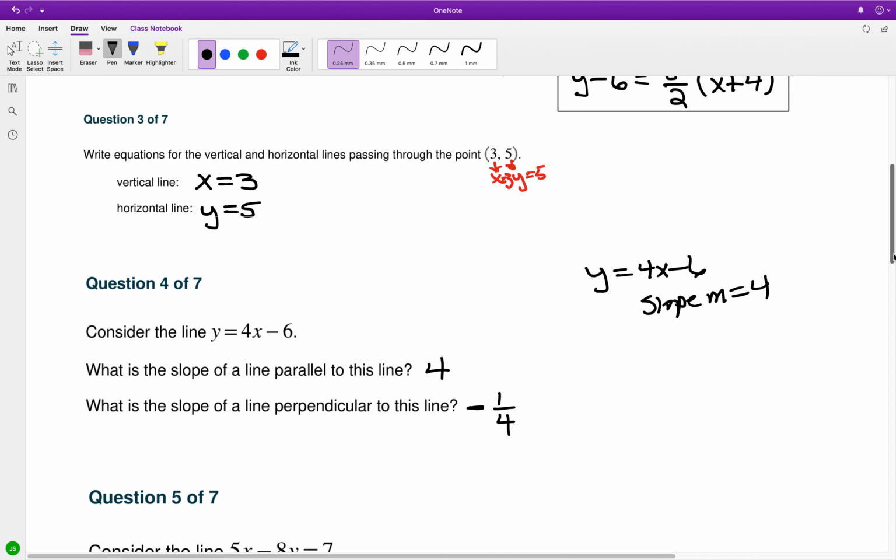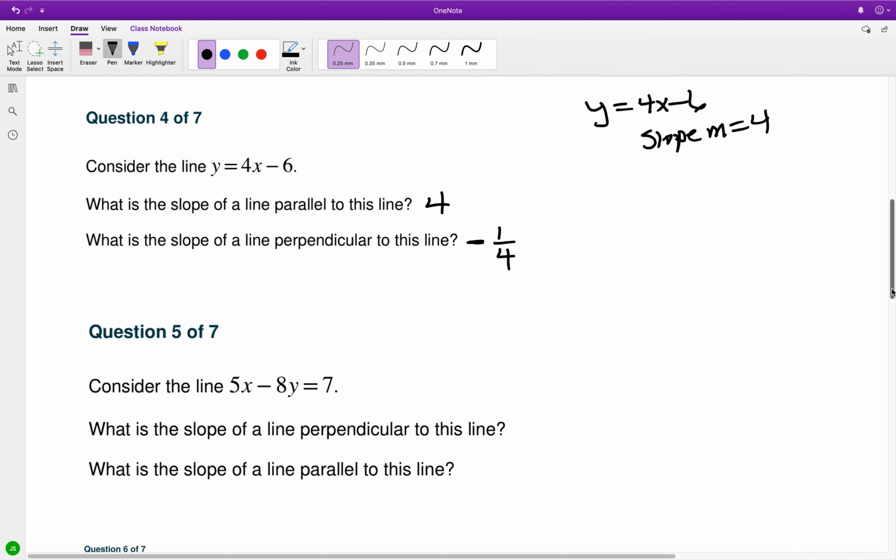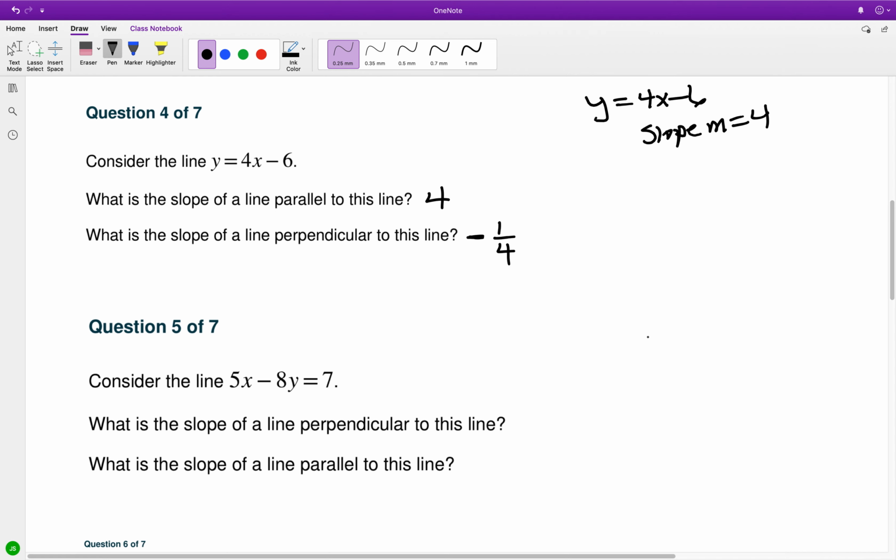Now, in question number 5, we have the line 5x minus 8y is equal to 7. If I'm looking for the slopes, I'm going to go ahead and express this equation in slope-intercept form. So in moving the 5x over, I'm going to have negative 8y is equal to negative 5x plus 7, and we're dividing by negative 8.